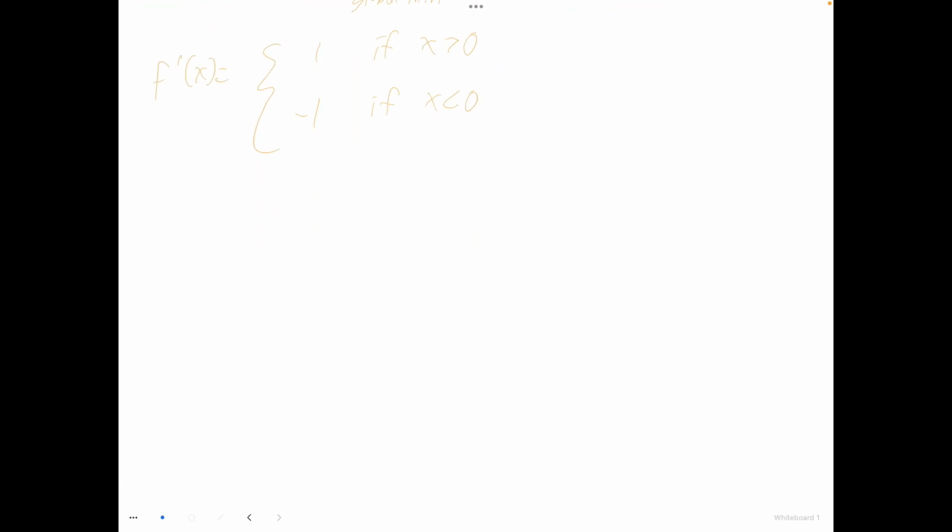Despite this, the following is true. If f has a local max or min at C, then either f prime of C equals 0 or f prime of C does not exist.